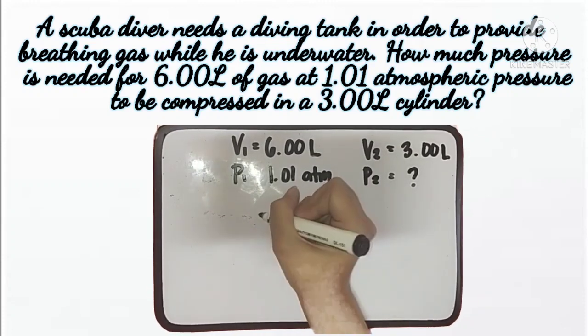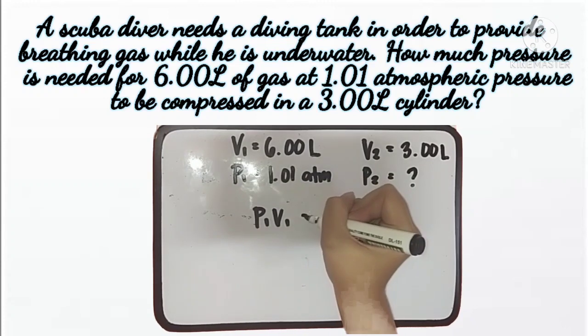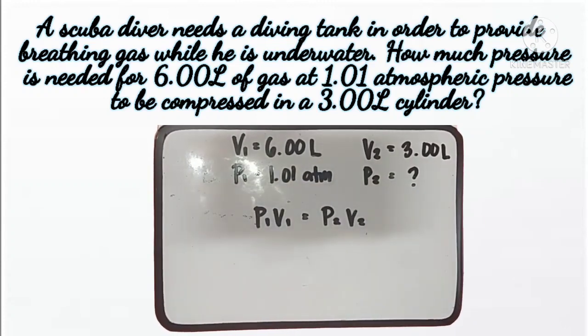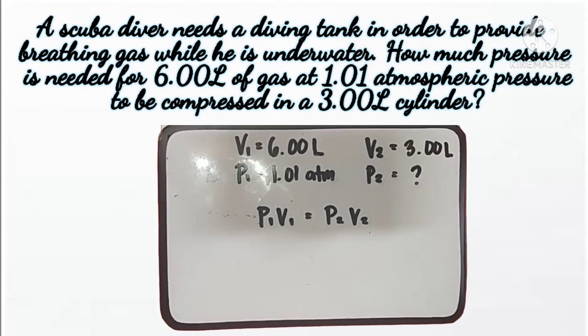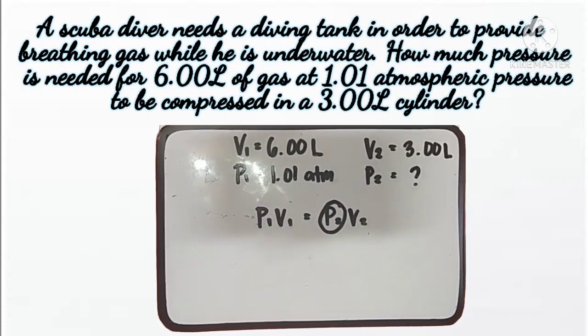We have the Boyle's law formula in which P1 times V1 is equal to P2 times V2. But we need to derive first the formula in order for P2 to remain on one side, since it is the variable that we're looking for.